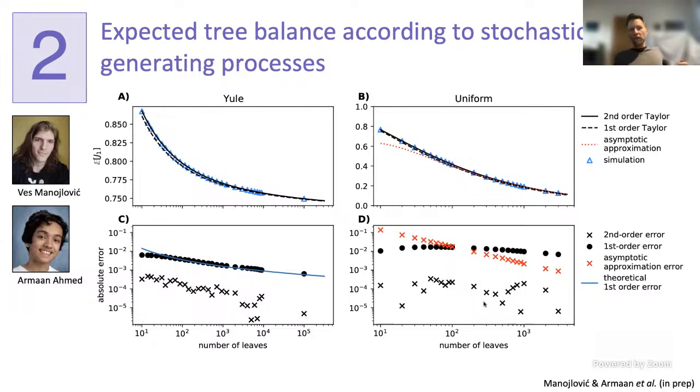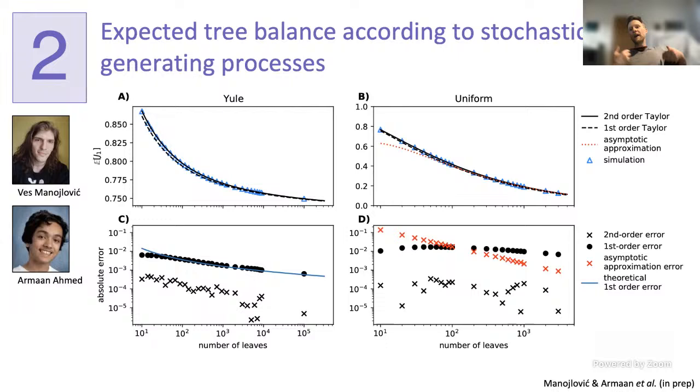And so for other tree shape indices that have been developed over the years, people have found the expected values under these null models. And so my former PhD student, Vess, who is now pursuing a postdoc, and an extremely talented undergraduate, Aman, who is at Johns Hopkins, and will be an asset to whoever he works with next, were able to analyze the properties of our index and obtain approximations to the expectation, which are very close.